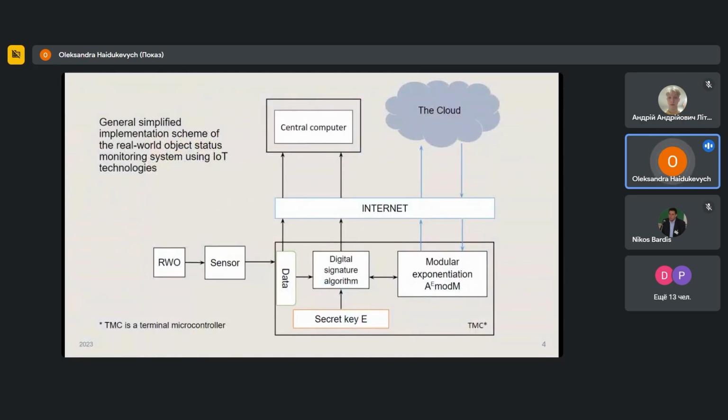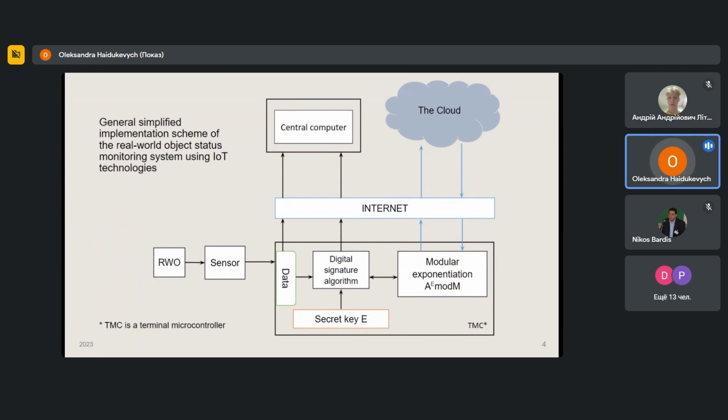To verify the authenticity of data regarding the state of objects and control commands, cryptographic mechanisms such as the digital signature standard are employed, primarily relying on the modular exponentiation operation. This operation involves processing numbers with significantly larger bit size than those the microprocessor handles, necessitating the execution of millions of processor multiplications.